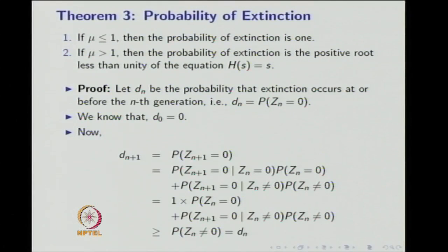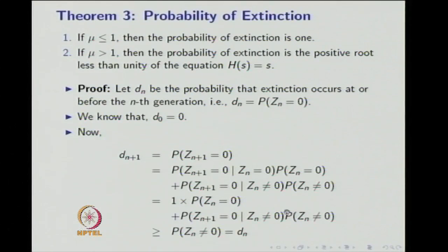This is the same as 1 times the probability of Zn equal to 0, plus the probability of Zn plus 1 equal to 0 given Zn not equal to 0 multiplied by the probability of Zn not equal to 0. Obviously, the second term will be greater than or equal to 0.